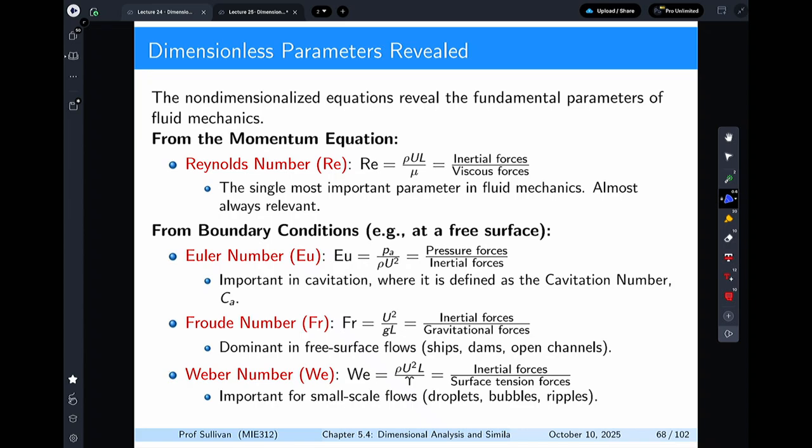Froude number, generally free surface flows, you have u squared over gl. Weber number for small flows, so if you're looking at the surface, a meniscus of a droplet or something of that nature, and again, ratio of inertial forces to surface tension forces. So you have all of these relationships that relate how fast things are going.